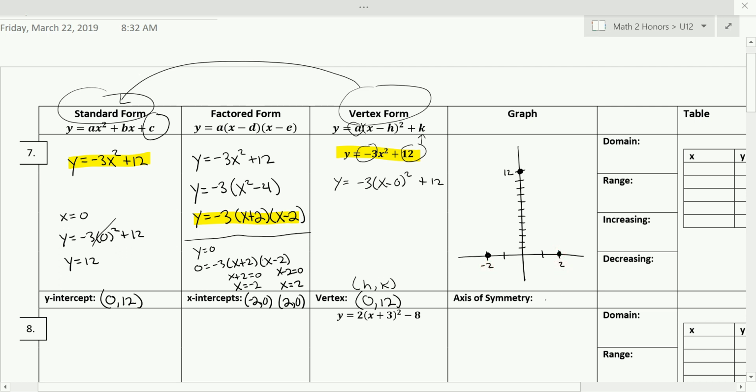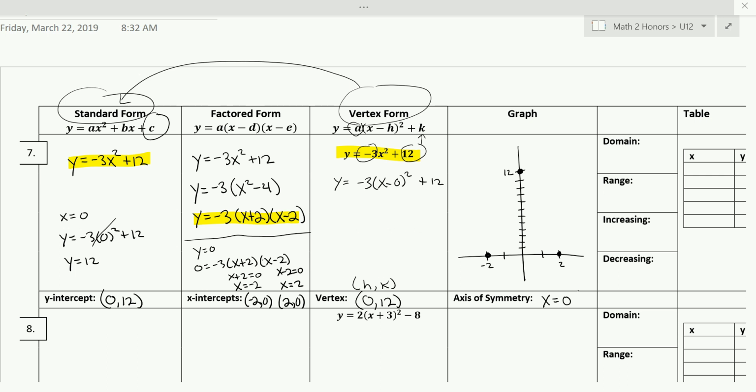Axis of symmetry is going to be what? 0. 0 is a number, not a line. x equals 0. Good. I'm just drilling you because I see a lot of people actually write 0 and don't put x equals 0. So I'm reminding you guys it's got to be an equation of a line.